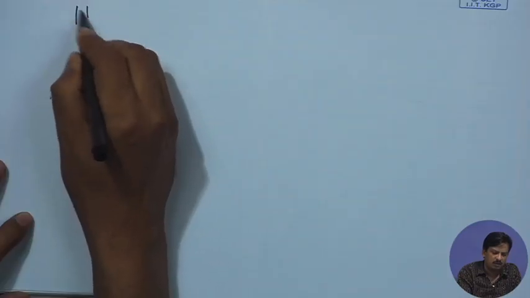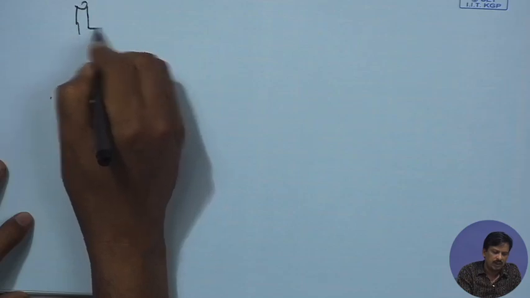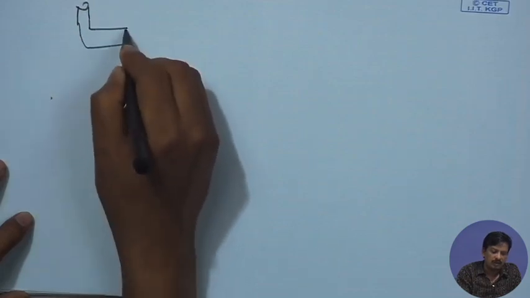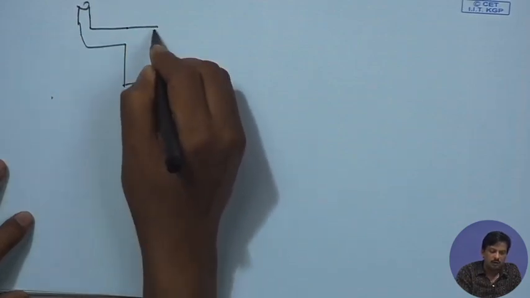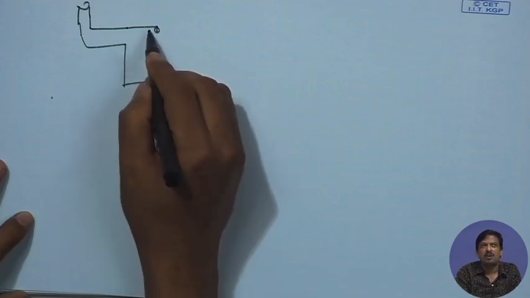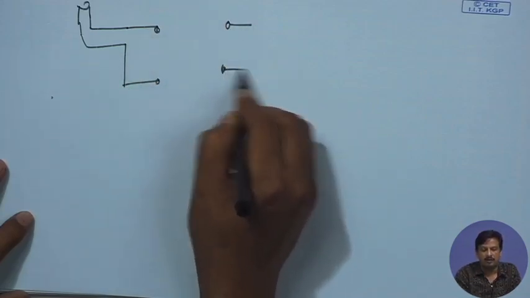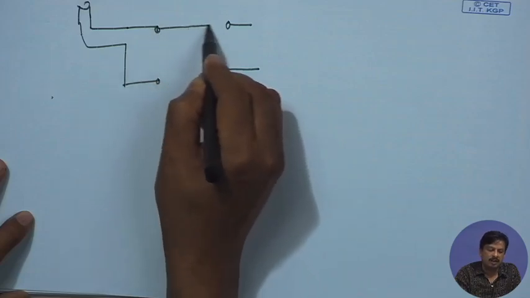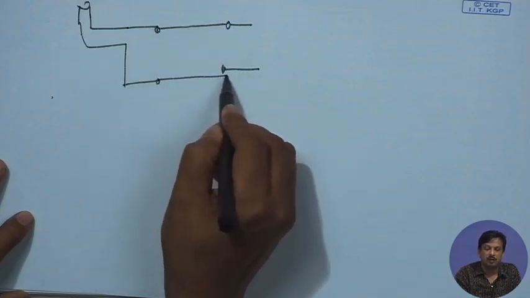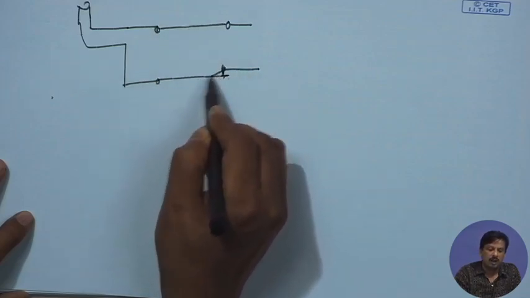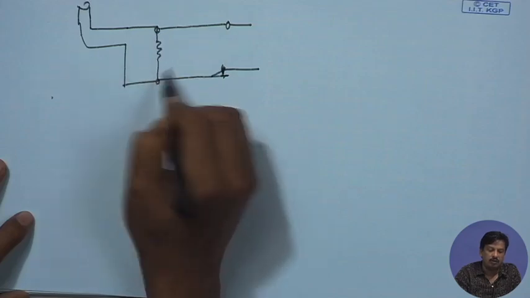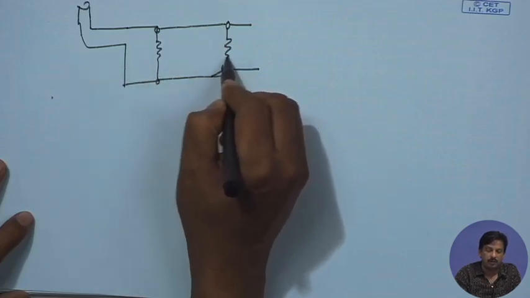Suppose this is a microphone, and these are the two electrical terminals. If the microphone is connected to the preamplifier, what will happen? The output resistance of the microphone will be put in parallel with the input.